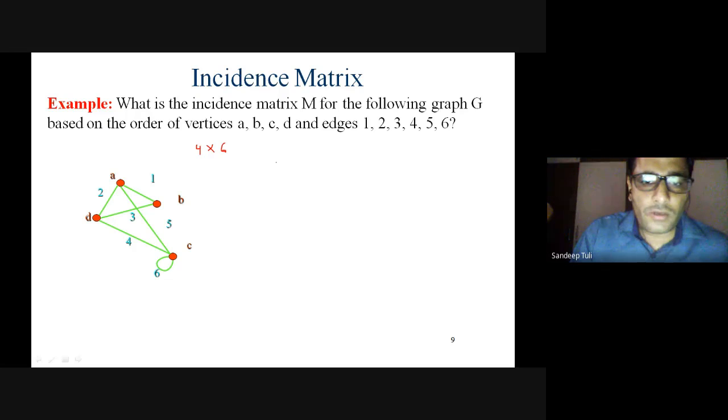Now on top we will write 1, 2, 3, 4, 5, 6 because columns are representing the edges and the rows are representing the vertices. So here we will write A, B, C and D. Is it okay? Now tell me, is edge 1 incident on the vertex A or not?